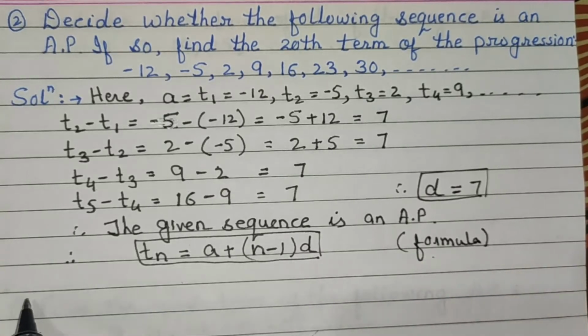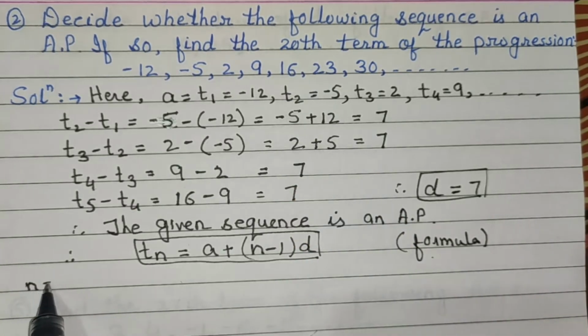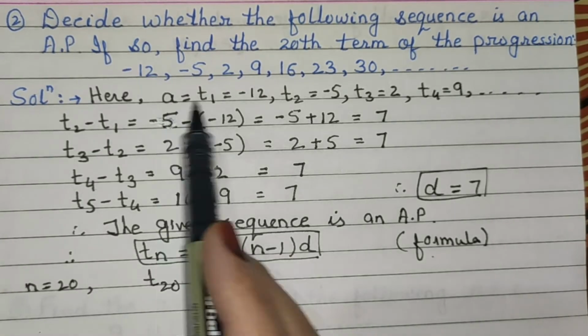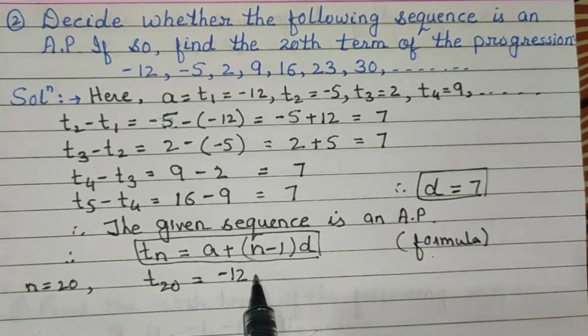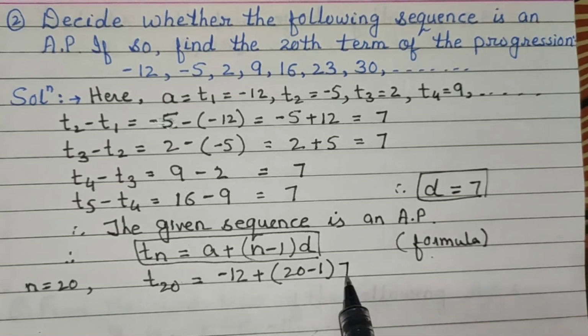Now substituting all the values, our aim is to find the 20th term. Therefore n is equal to 20. We get t20 is equal to a. A means first term which is equal to minus 12 plus (n minus 1), 20 minus 1, into d. Now the value of d is 7.